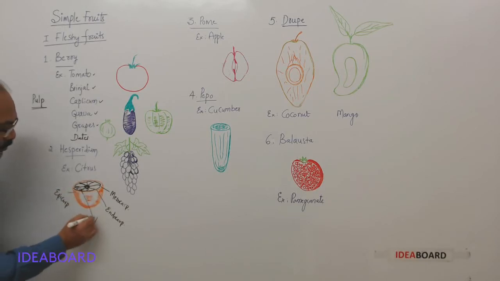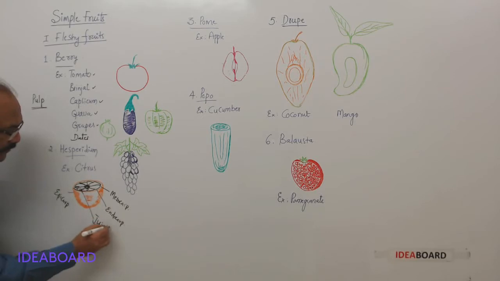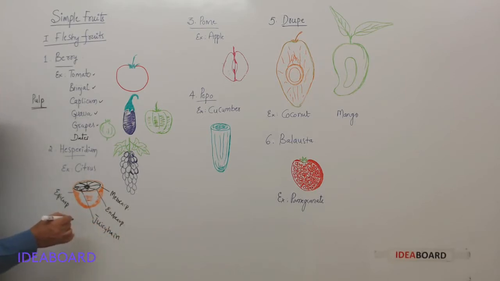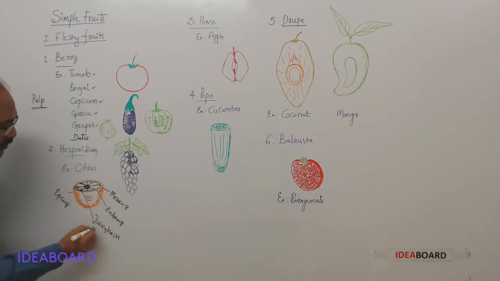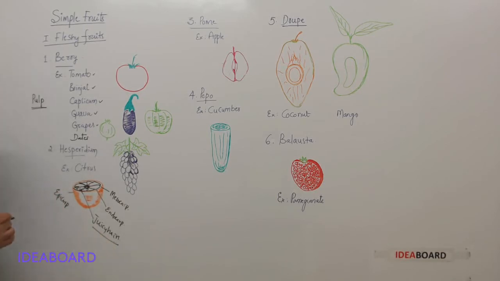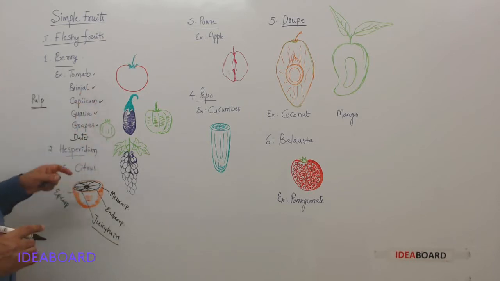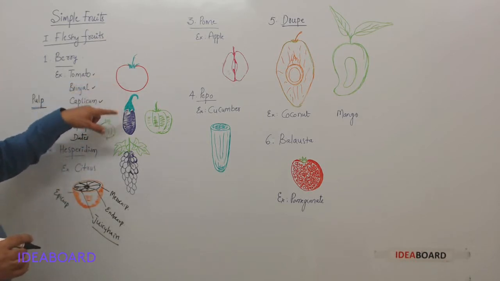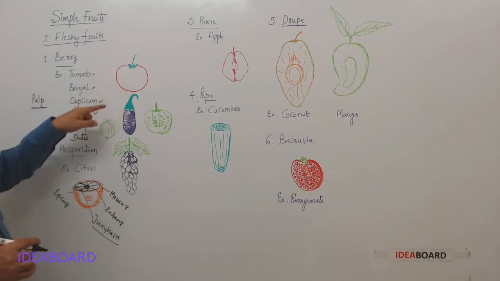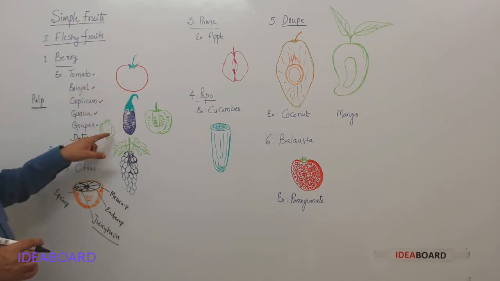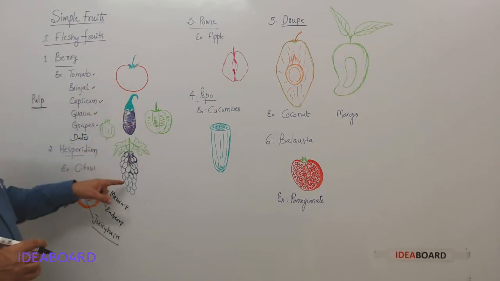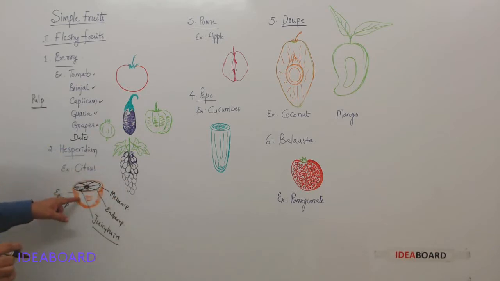What is edible in this fruit are the juicy hairs. That is hesperidium. I hope you are able to identify these: this is tomato, brinjal, guava, capsicum, grapes, and this is citrus fruit.